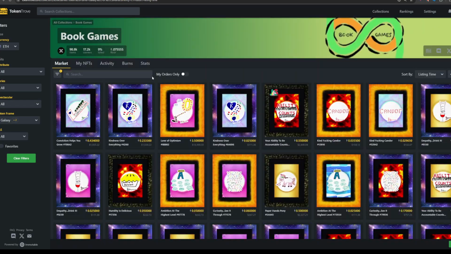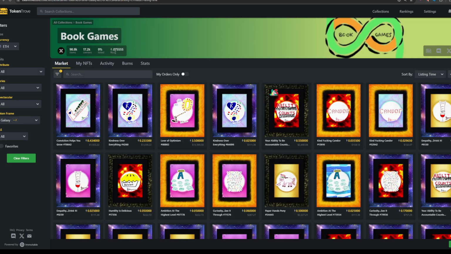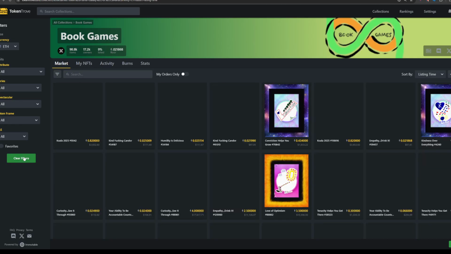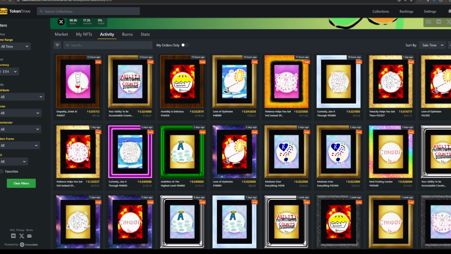The first thing that we do is, right, because for BookGames Spectating, it's about how do you jump in when being an early market participant. So we would clear this, we would go back to listing time, and we would go back to recently sold. And this is where we would begin.